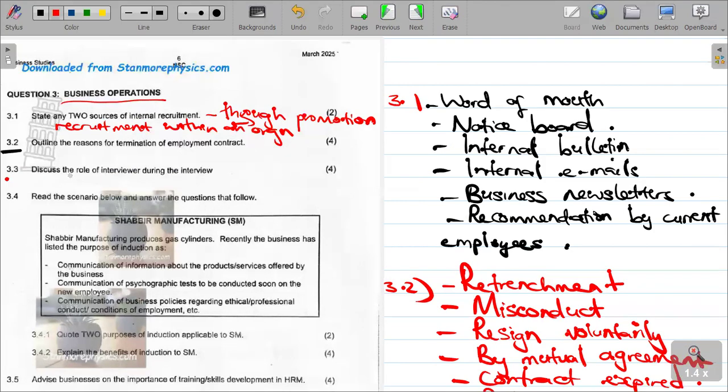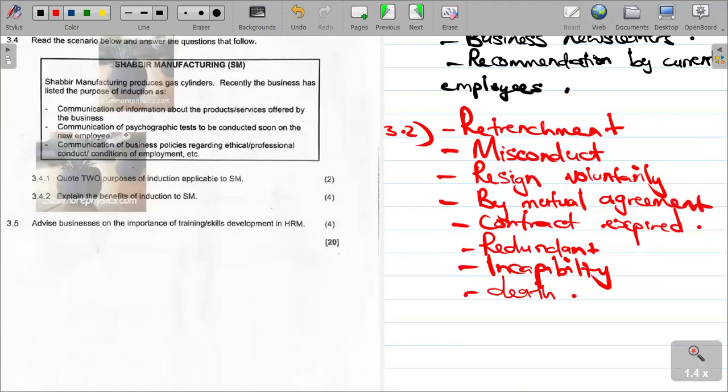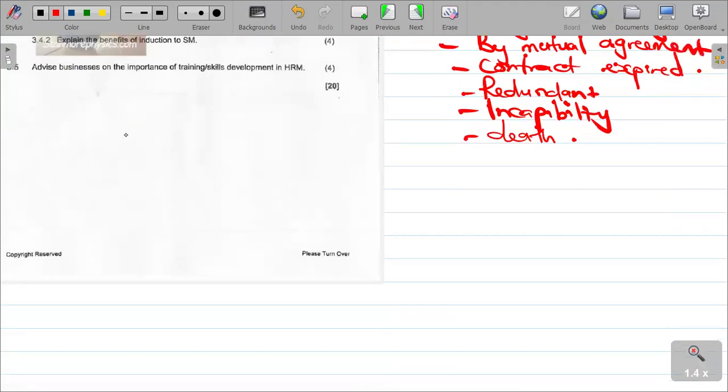3.3. Discuss the role of the interviewer during the interview. Remember, you should know the difference between an interviewer and the interviewee.